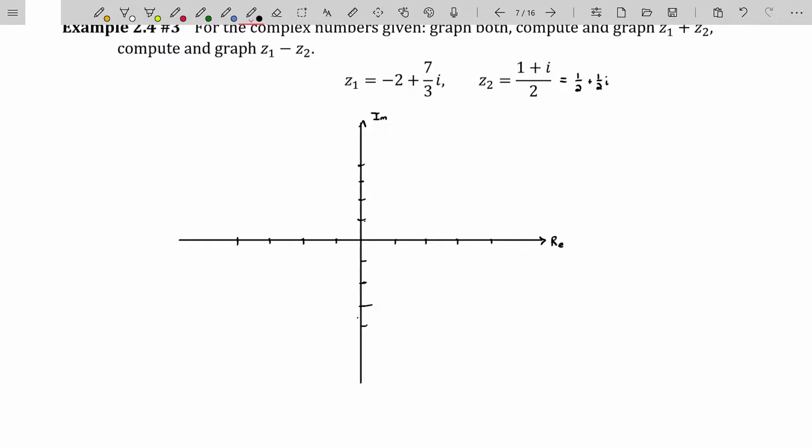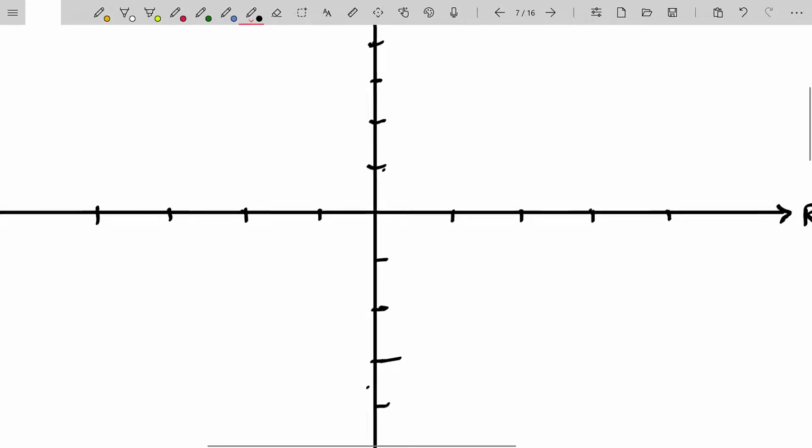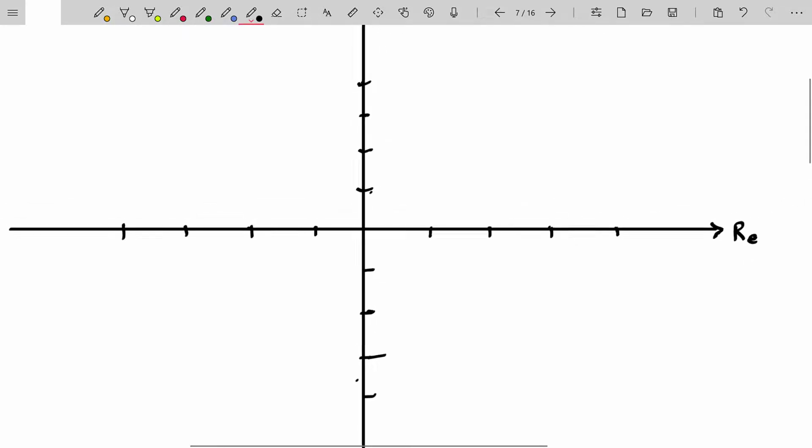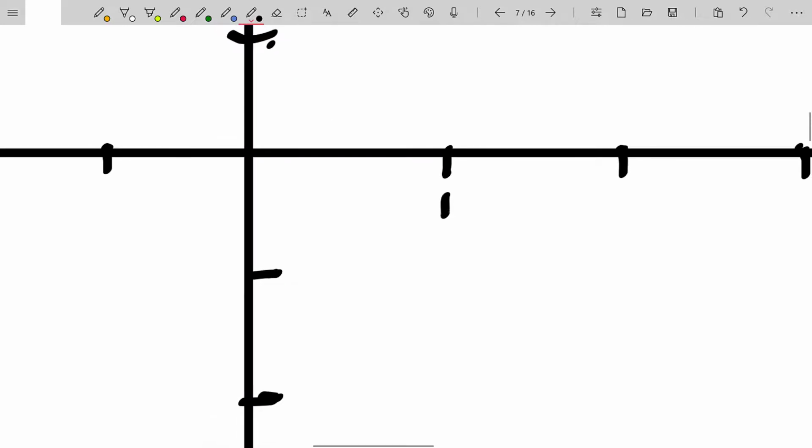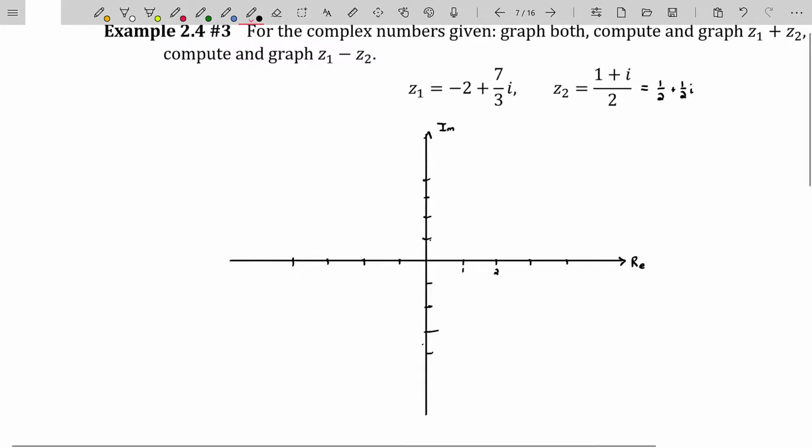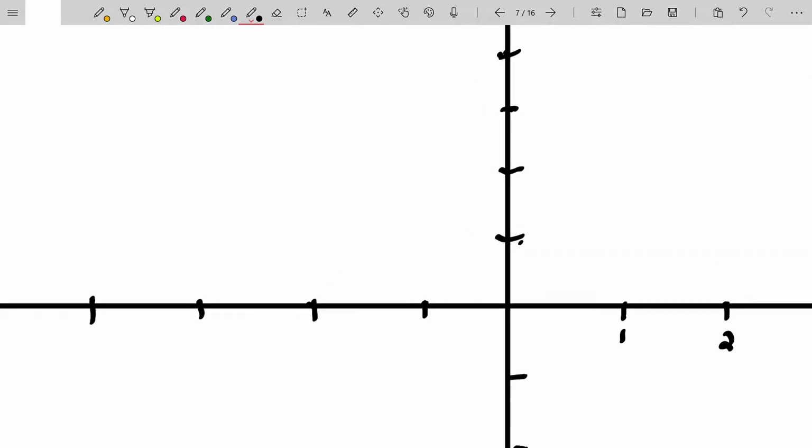Now let's pretend that those are equidistant and they're all of distance 1. So this point right here would be 1, and that would be 2, and so on down the line. For z1, we go back 2 in the real direction and up 7/3, which is 2 1/3. So I'm going to go back 2 to here and up 2 1/3, somewhere right about there.